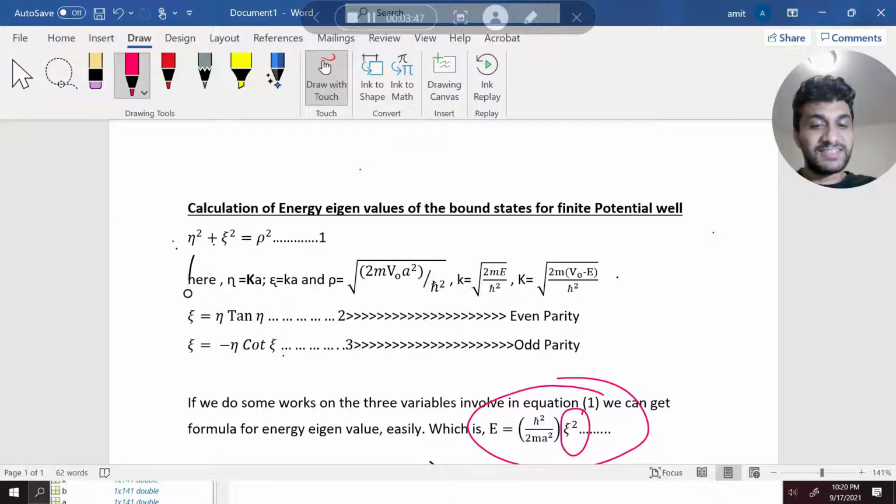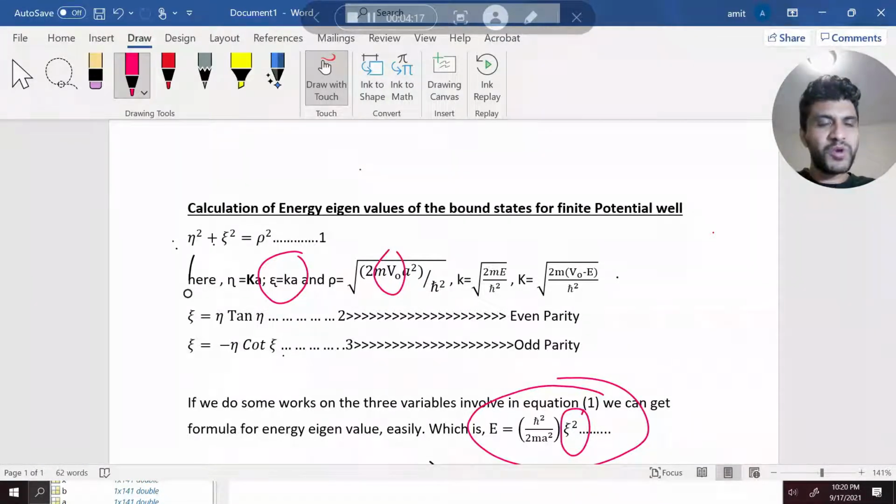But this xi is very important. As you can see here, xi is the multiplication of k with a. A is already known for a real problem. You just need the value of k, and the value of k completely depends on V naught, the depth of the potential well.